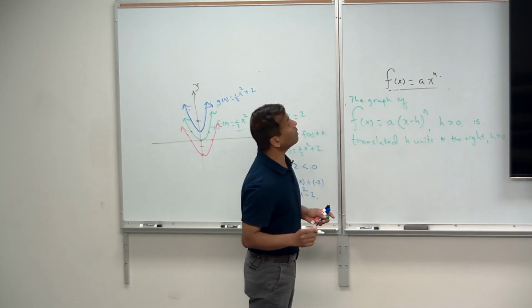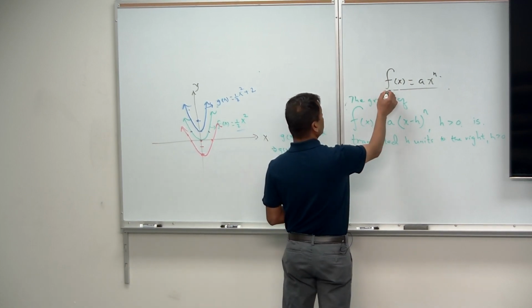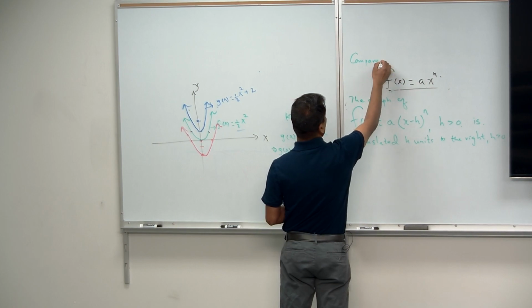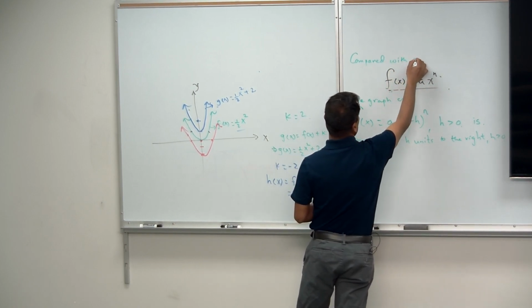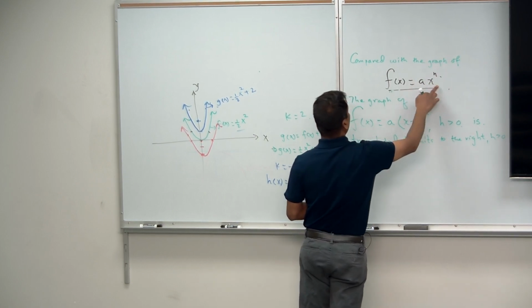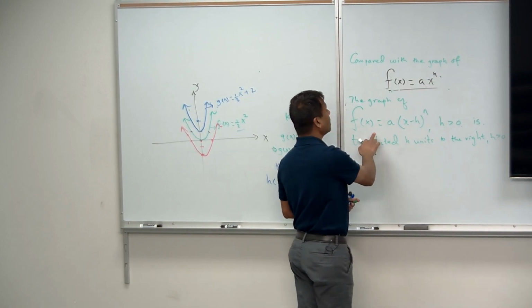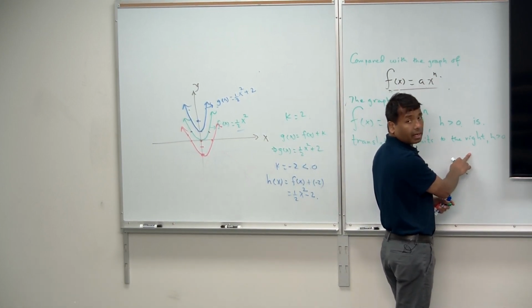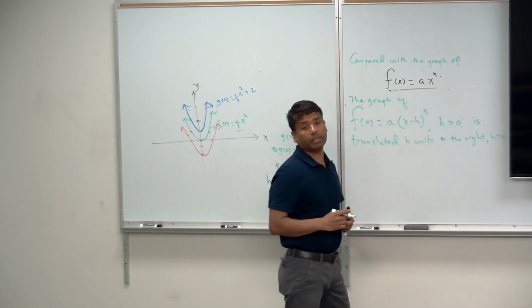Okay, if you want to compare with the graph of this, so don't get confused. Compared with the graph of f(x) equals a x to the power n, the graph of this is translated h units to the right if h is positive.